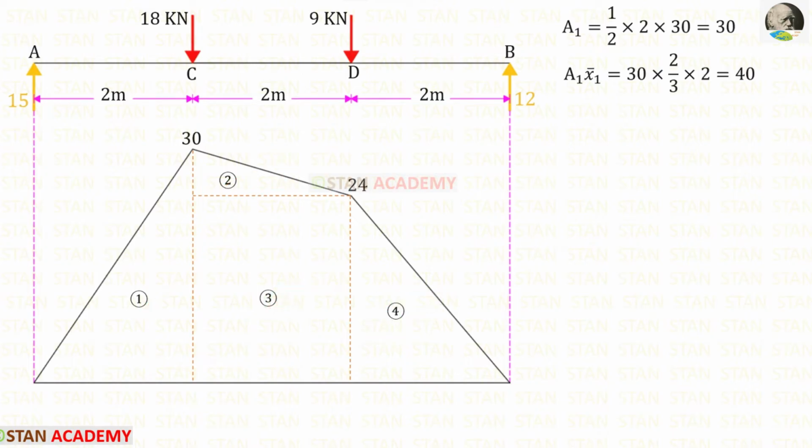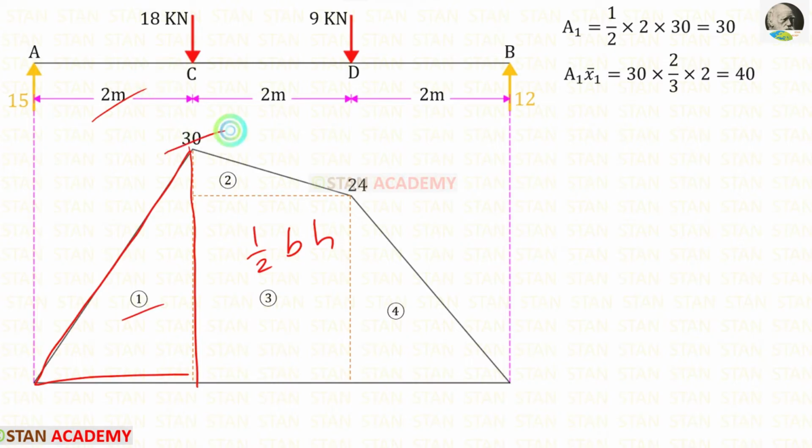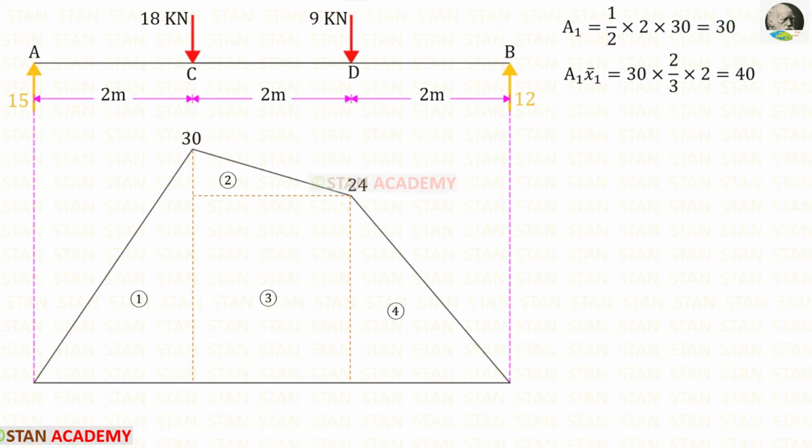Let us find the area in the first part. This is a triangle. We know the formula for the area of a triangle, half into B H. Here B is 2 and H is 30. Let us apply in the formula so that for the area we will get 30. Let us find area 1 x1 bar.